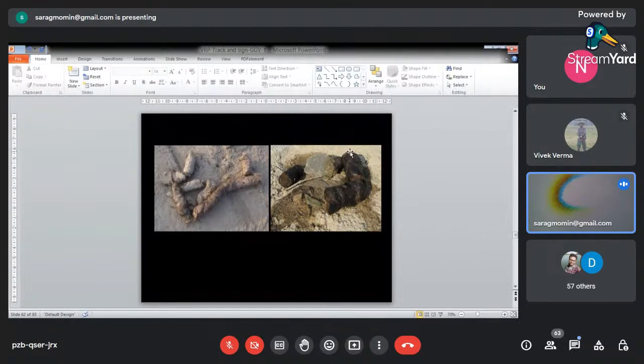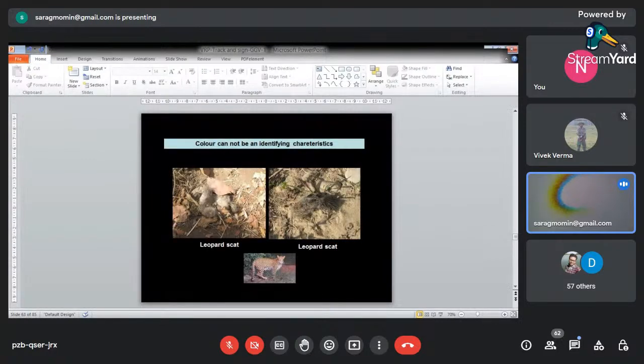When you find blunt fecal matter, you can easily say it belongs to tiger. If it is pointed, then it belongs to leopard. Okay, this is the shape of the leopard scat.